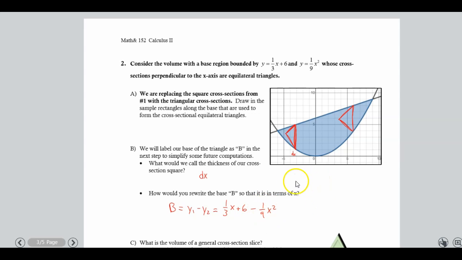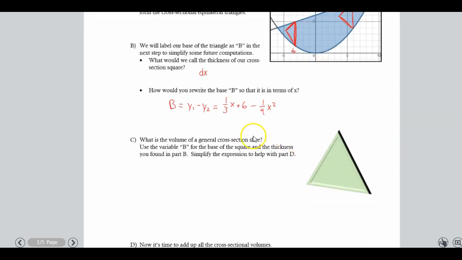All right, and this is the tricky part now, the volume of this triangle. So what's the volume of this cross-sectional slice? I'm going to try to leave everything in terms of b, and then I'll just replace that b on the last part when I'm doing the integral. So I just want to keep things in terms of b for this step. We know across the bottom, this whole edge right here, corresponds to these edges right up here from the line to the parabola.